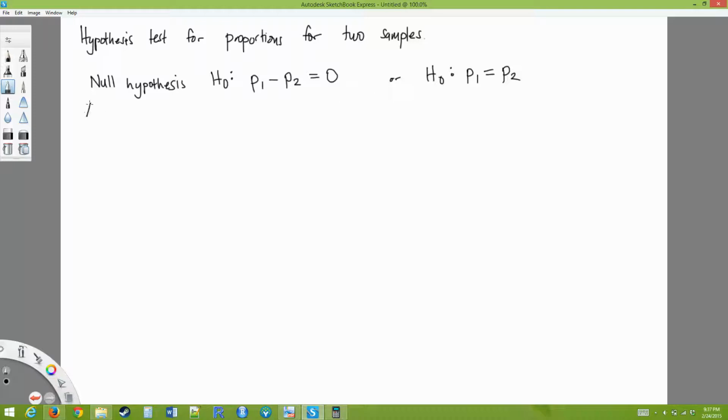The alternative hypothesis will be P1 minus P2 doesn't equal 0, or P1 minus P2 greater than 0, or P1 minus P2 less than 0, depending on how the question is written.